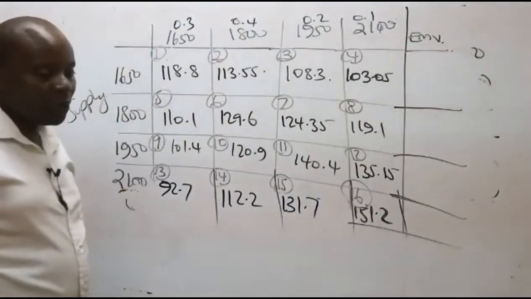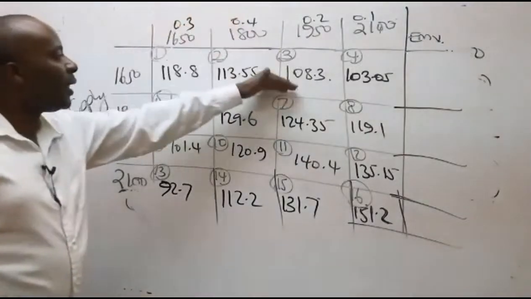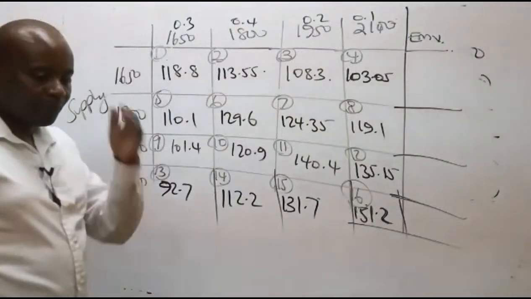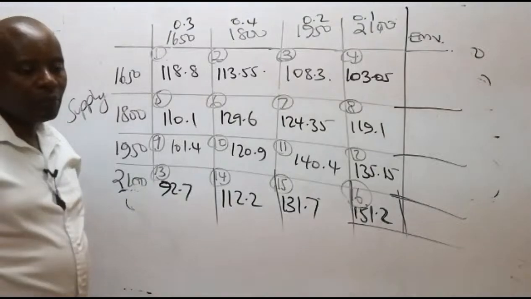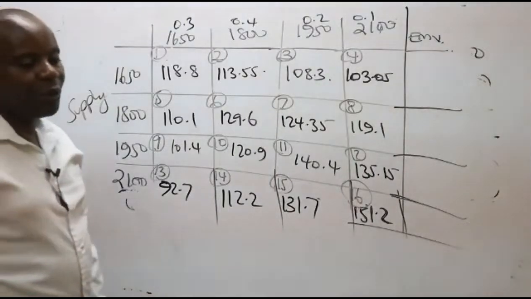Expected monetary values. So how do we get this? We're taking this times probability plus. You give me an answer there. Expected profits or expected monetary value.